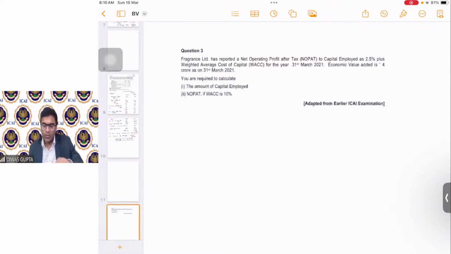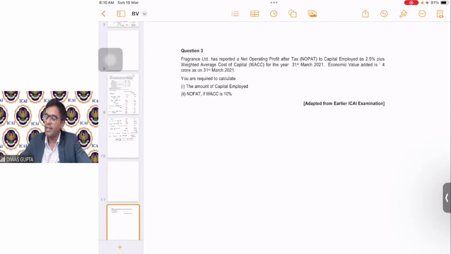Now let's move to question number 3, students. Fragrance Limited has reported a net operating profit after tax to capital employed as 2.5% plus weighted average cost of capital for the year ended 31st of March 2021.